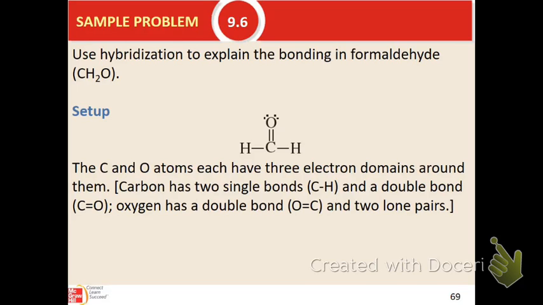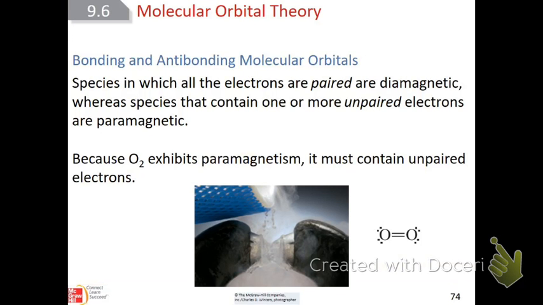Here are just some summary statements that you need to know about bonding and molecular orbitals. Again, this is getting a little bit advanced for Chem 1, and you're only going to be required to know about the bonds and the hybridization for this chapter pretty much. Okay?